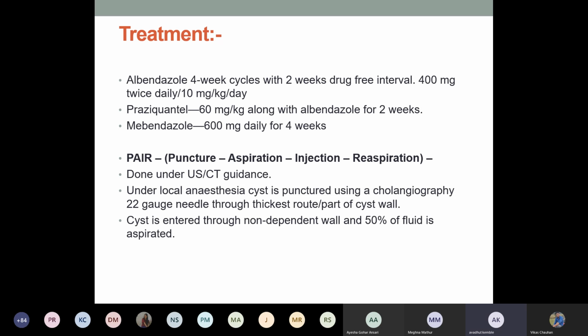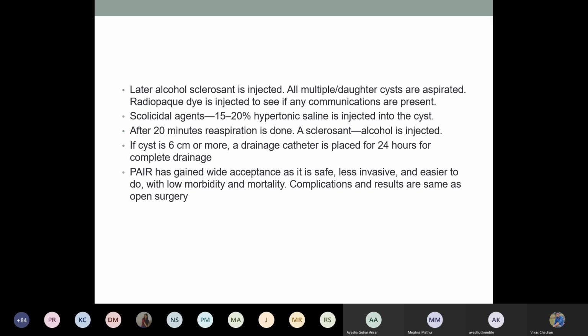Cyst is entered through non-dependent wall and 50% of fluid is aspirated. Later, a sclerosant like alcohol is injected into the cavity. All multiple daughter cysts are aspirated. A radiopaque dye is injected to see if any communication is present.